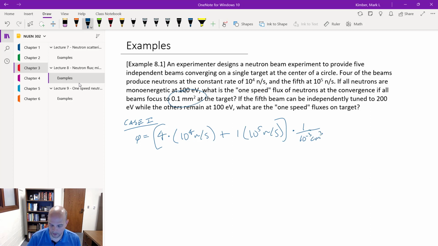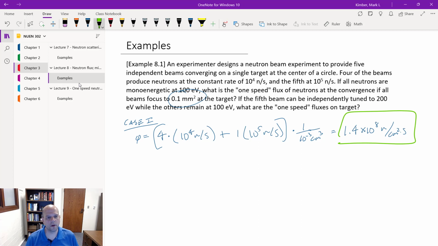That's our area right there. 0.1 millimeters cubed is the same thing as 10 to the minus 3 centimeters cubed. And we do this calculation, we get 1.4 times 10 to the 8th neutrons per centimeter squared second. And that is our one speed neutron flux for this case 1.